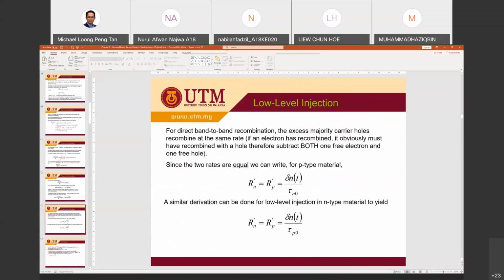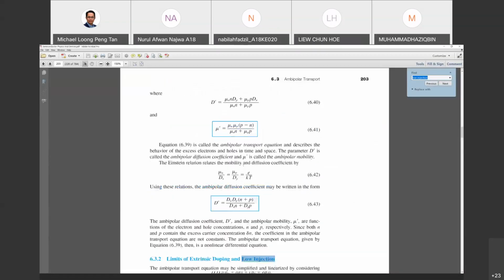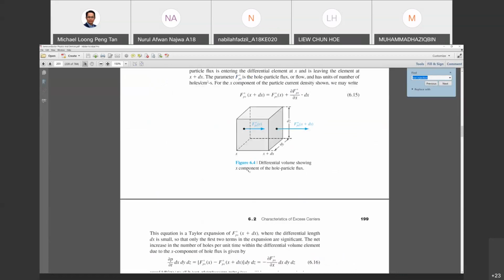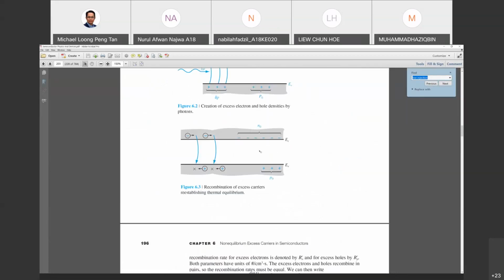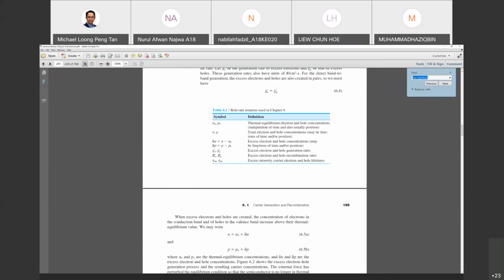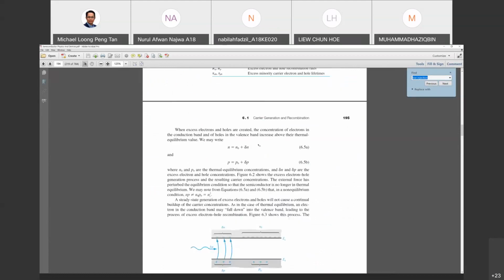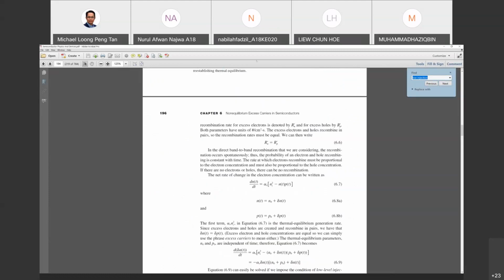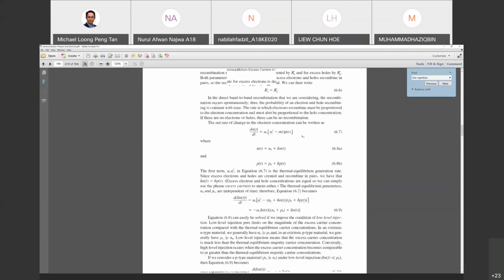Okay, let me share. Okay, so this is Neamen's book, what I explained earlier on. This one is the excess carrier.